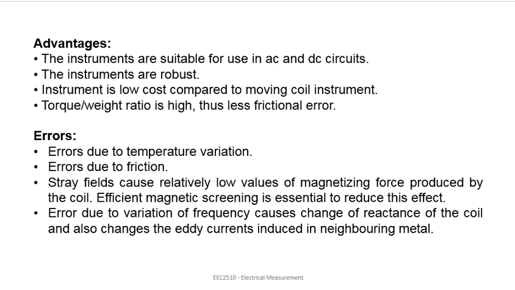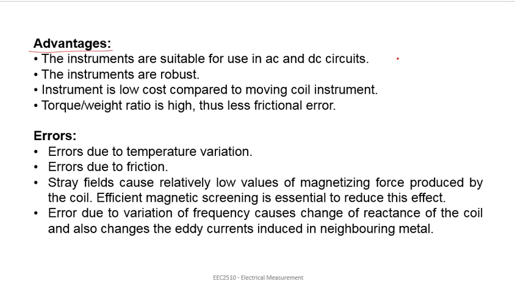Now if we talk about the advantages which these instruments offer, first of all they are suitable for AC as well as DC type of measurement. So this can be considered as one advantage of these types of instruments. Secondly, they are more robust as compared to the other types of instruments.